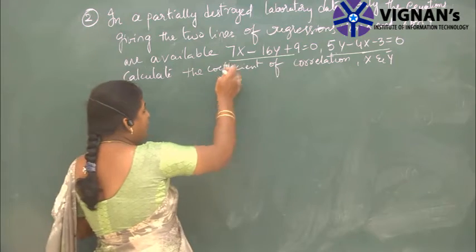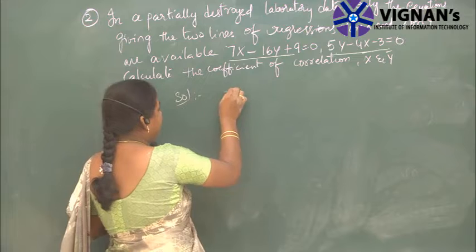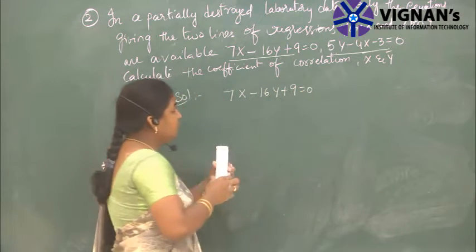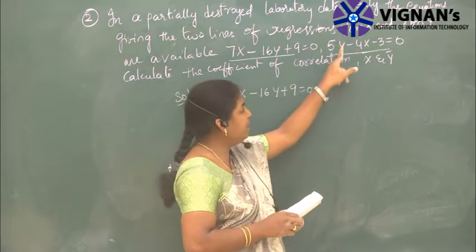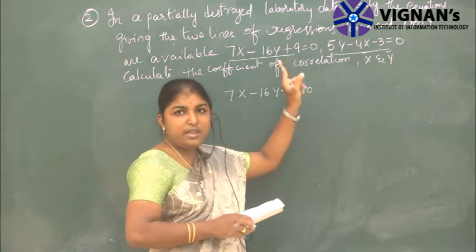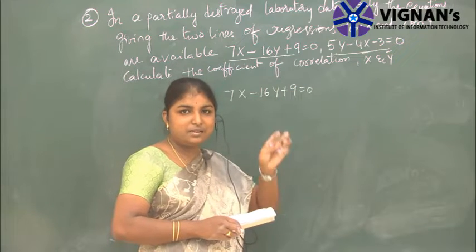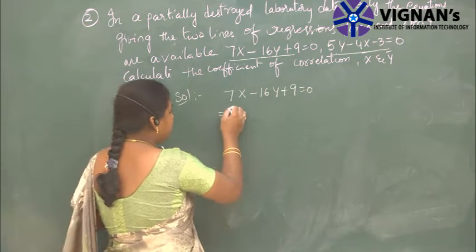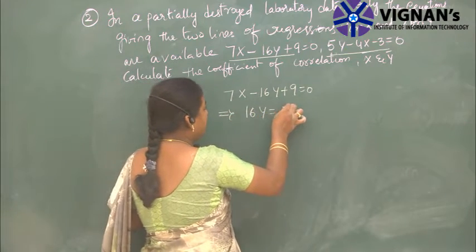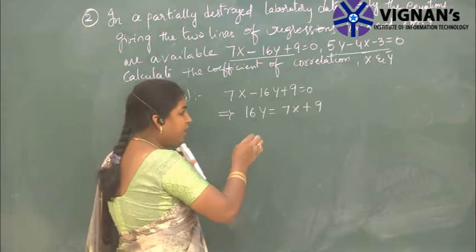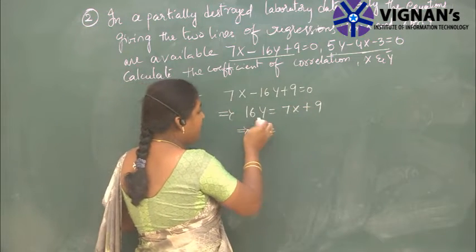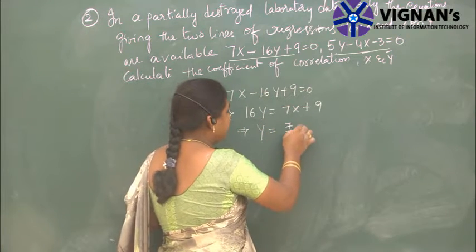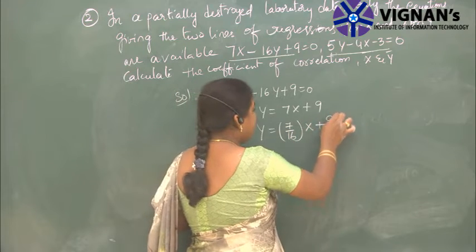In the given two equations, the first equation is 7x minus 16y plus 9 equal to 0. This is the equation for y on x, and the second is for x on y. For y on x, we keep y on the left hand side and the constants and x on the right. So 16y is equal to 7x plus 9, which implies y is equal to 7 by 16 into x plus 9 by 16.